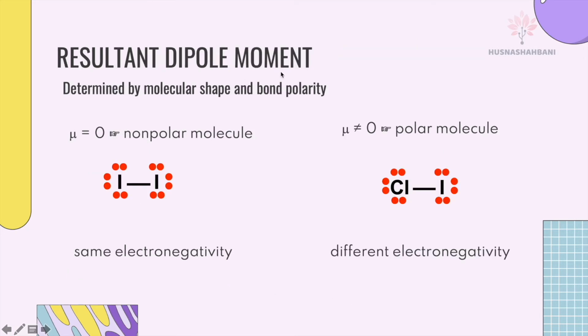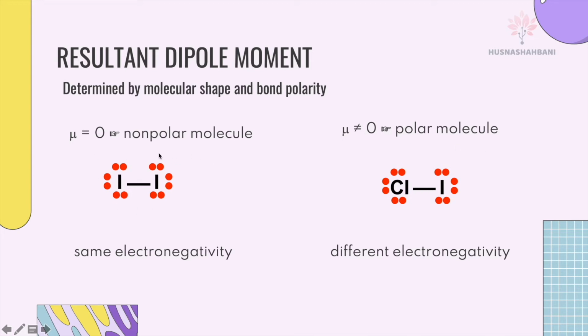Resultant dipole moment can be determined by molecular shape and bond polarity. For resultant dipole moment, we look at the value of mu. When mu is equal to 0, the molecule is a nonpolar molecule. If mu is not equal to 0, the molecule is a polar molecule.